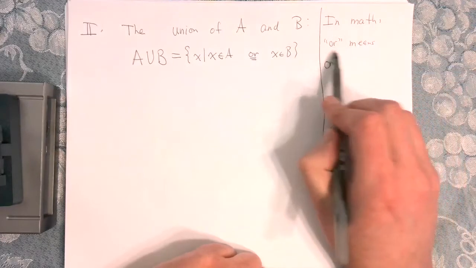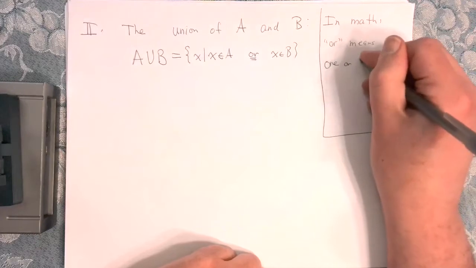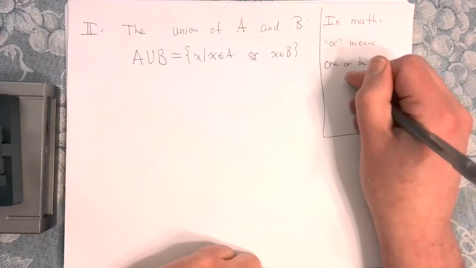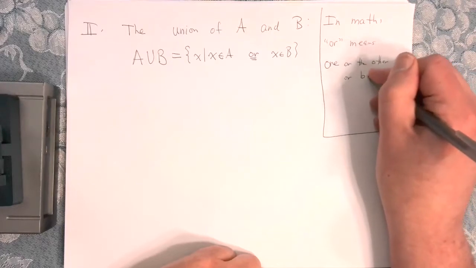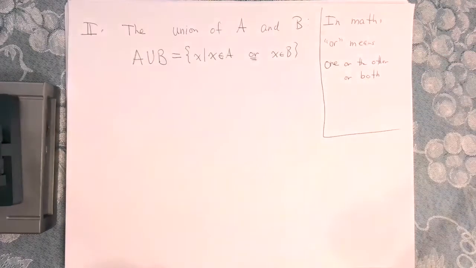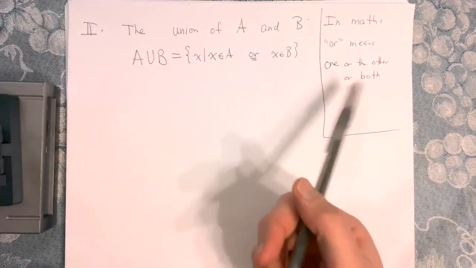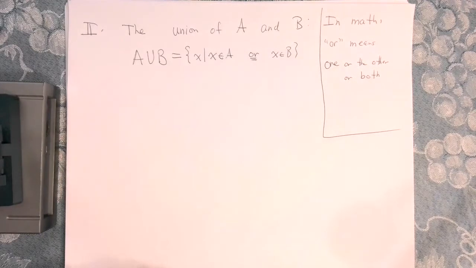In math, or means one or the other or both. It's the or both that makes it kind of strange when you compare it to everyday speak. I mean, one would never say, I'm getting married on Monday or Tuesday and have someone assume that it could be both, right? But in math, that could happen.